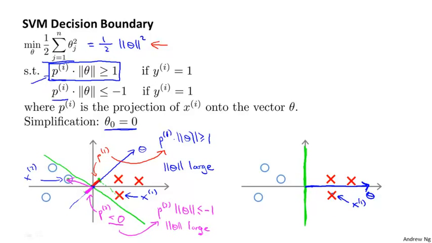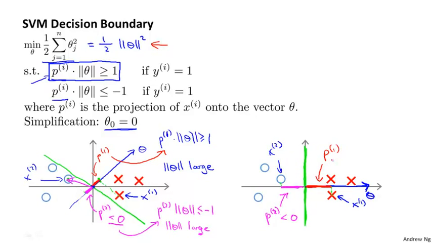When I project this onto theta, what I find is that this length is P1. And if the other example is x2, and I do the same projection, then this length here is P2. Really, this is going to be less than 0.